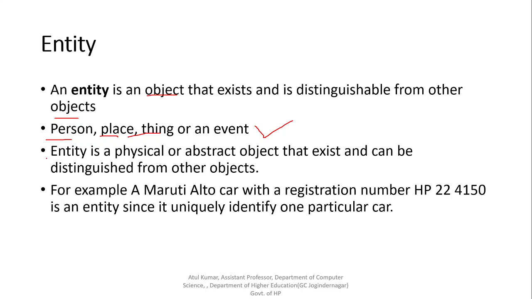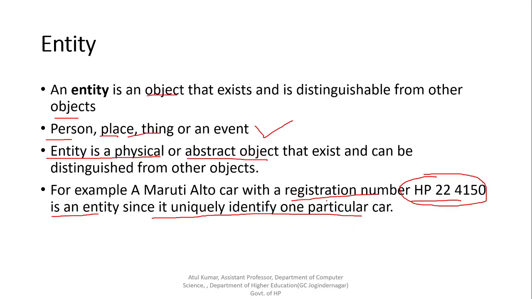It may be a physical object, or maybe an abstract object that exists and can be distinguished from other objects. Suppose we have a Maruti Alto car, so it is basically a real world object, and with the registration number, it is an entity, as it uniquely identifies one particular car with the help of this registration number or number plate.